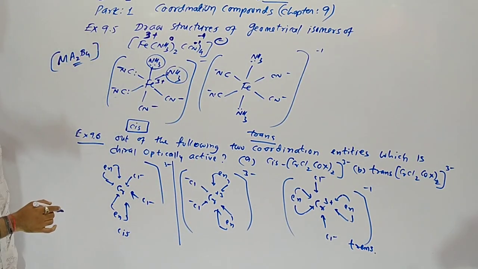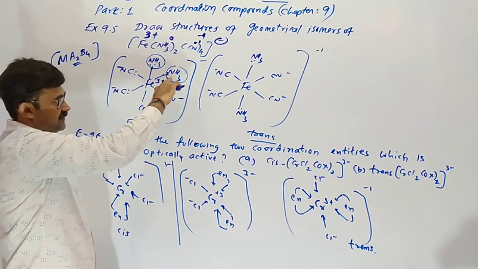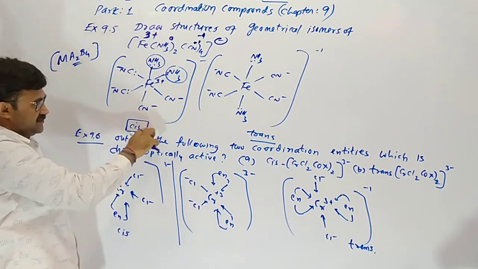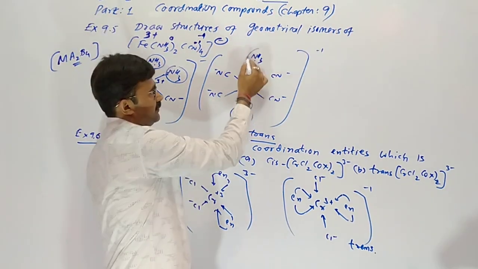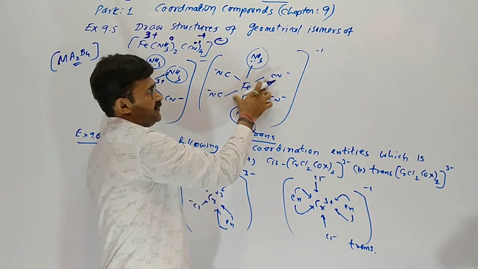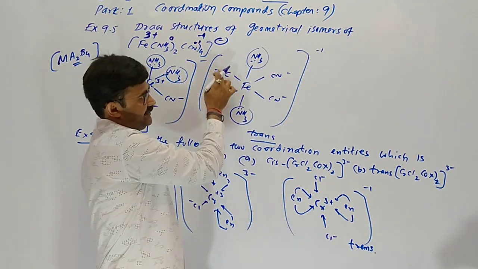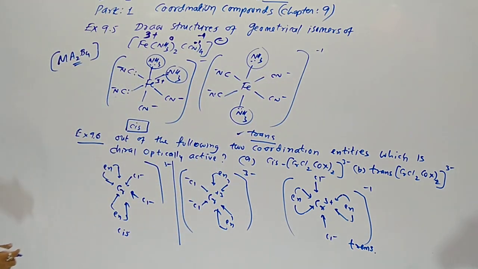We have to choose A2. 2A are very close at 90 degree, here, or otherwise here, so it should be cis. And 2 amines are opposite to each other. Otherwise here at 180 degree, both amines, so it should be trans.